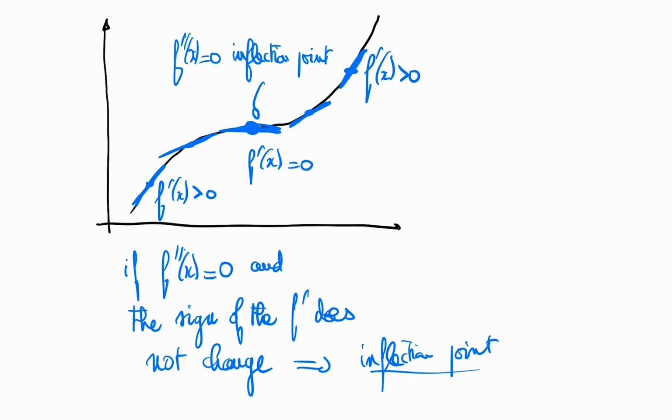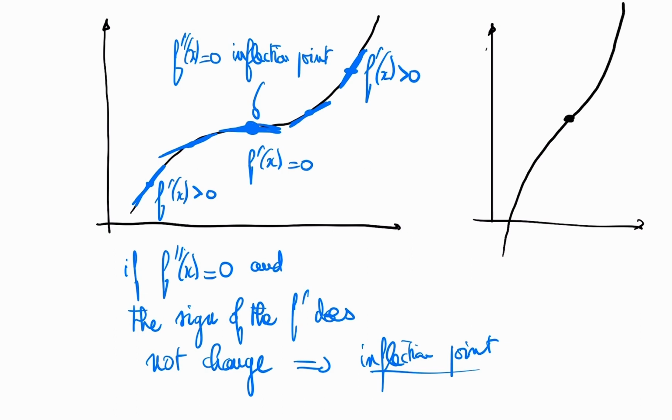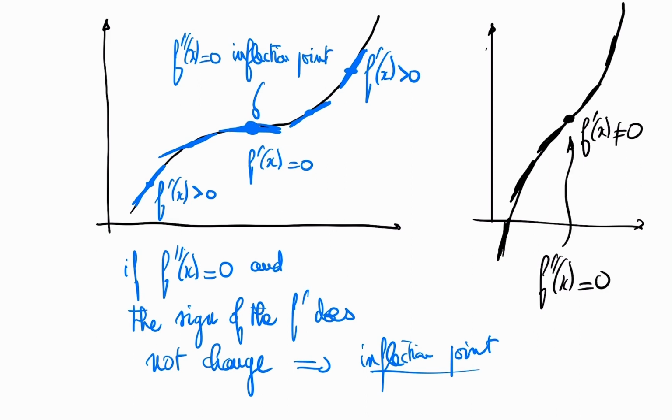It could also be in a situation like this, where f prime is different from 0, but you can see that f prime, which was the slope here, decreases, reaches the minimum here, and then increases again. Again, we are going to have f double prime equals 0 at that particular point, and it's also called an inflection point. So my mistake, f prime does not have to be equal to 0.